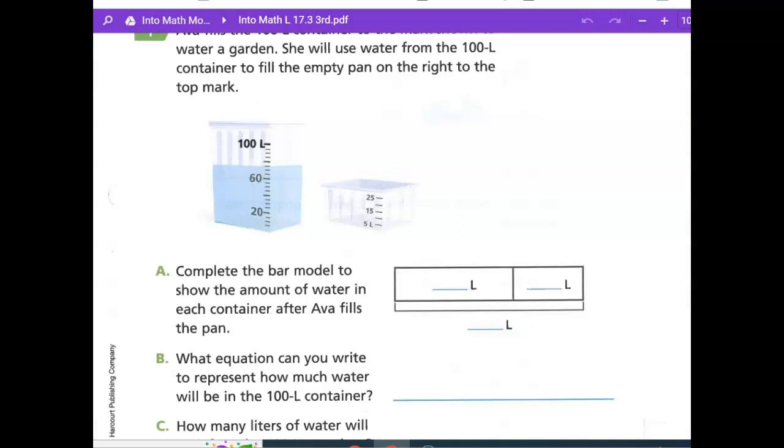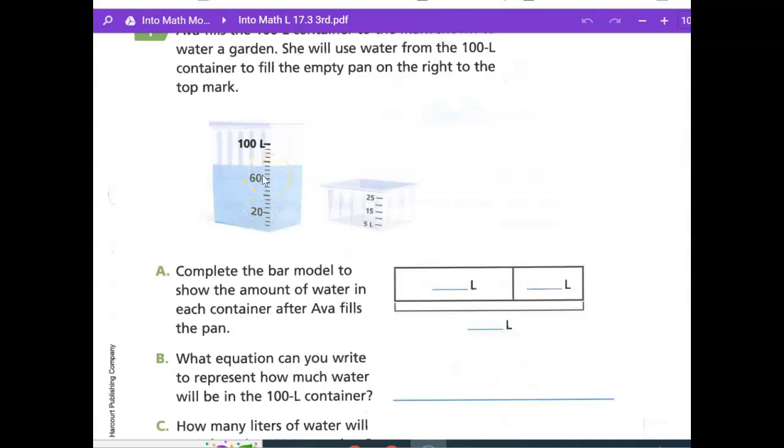So, all together, we have, let's see, this would be 80. So these are 10, 20, 30, 40. So each of these small lines is 5.